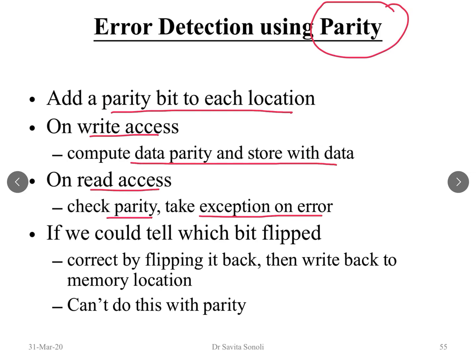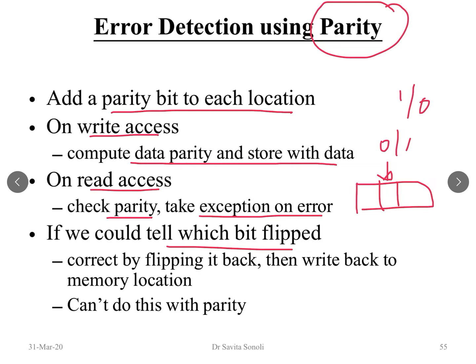But if you could tell which bit is flipped, that means in a memory, if there is an error in any of the bits, that is, if a 0 is being written as 1 or 1 being written as 0, if you could identify what the error is, then what we can do is correct it by flipping it back.